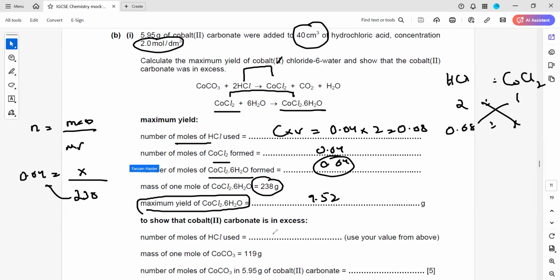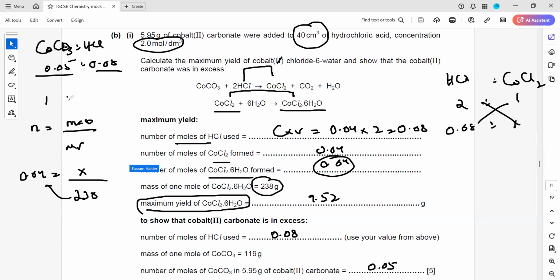And then when we work out, the moles of HCl were 0.08 and moles of cobalt carbonate were 0.05. So when we take a ratio between cobalt carbonate and HCl, according to the simplest ratio, the moles are 0.05 and 0.08. When I take the simplest ratio, I divide by the smallest value.